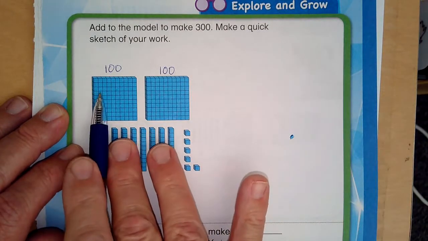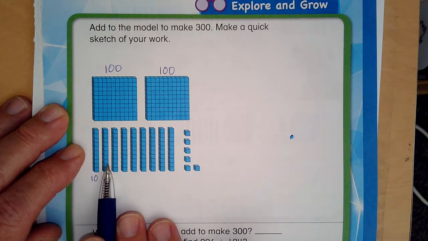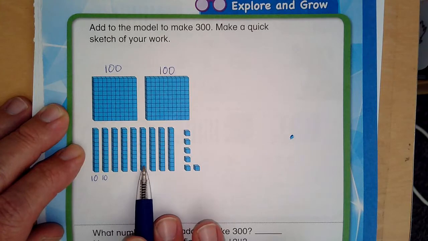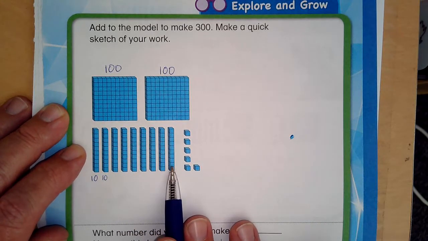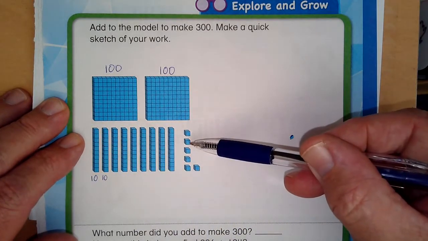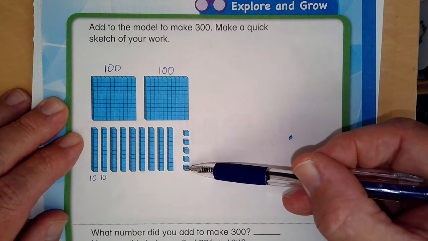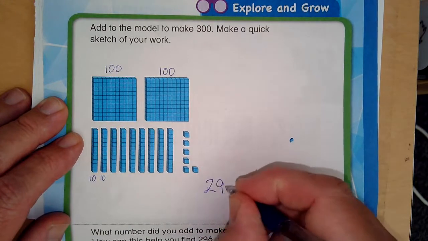So I have 100, 200, 210, 220, 230, 240, 250, 260, 270, 280, 290, 291, 292, 293, 294, 295, 296. That is what we are starting with.